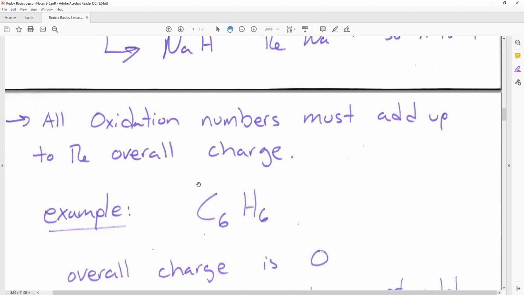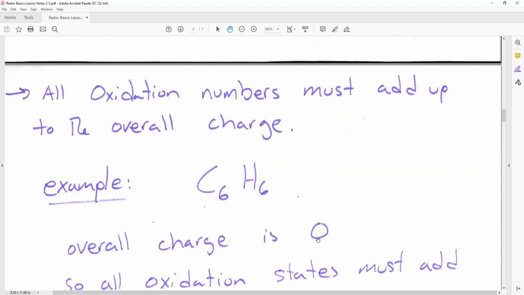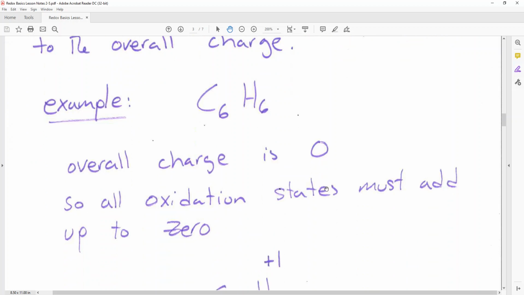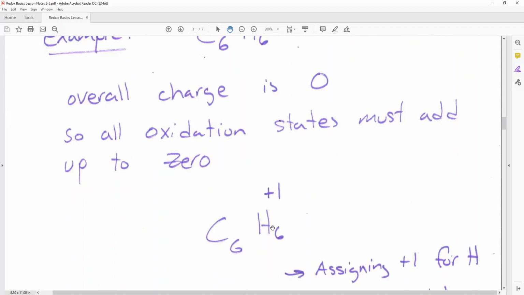Here's benzene. We want to assign oxidation numbers to the carbon and the hydrogen. Notice that there is no charge to this compound. Its net charge is 0, okay? So we would give +1 to the hydrogen. That's our general rule for hydrogen, unless it's paired up with a metal, but it's not paired up with a metal in this case. It's paired up with a non-metal, carbon. So +1 for the hydrogen.